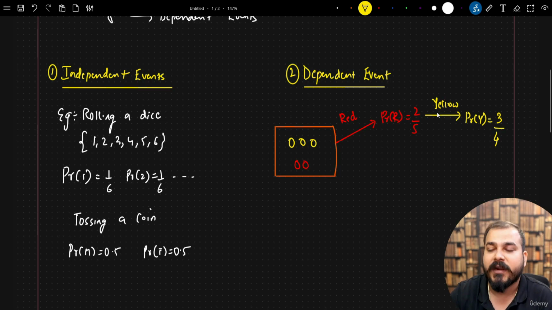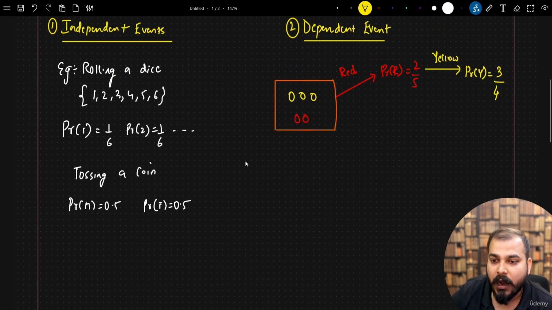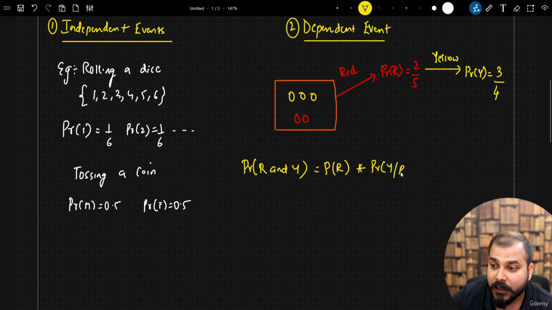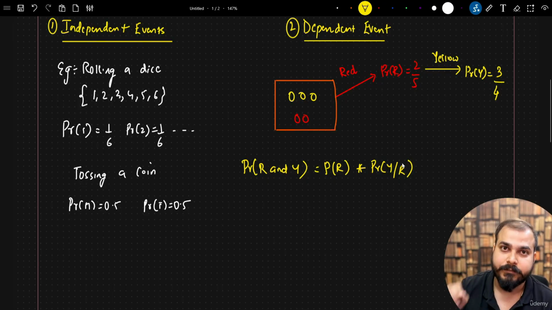So in order to solve this dependent event, we basically use this, right? How do we calculate the probability of red and yellow? That basically means first the red event is occurring and then the yellow event is occurring. So we can write this as probability of red multiplied by probability of yellow given red event has occurred.